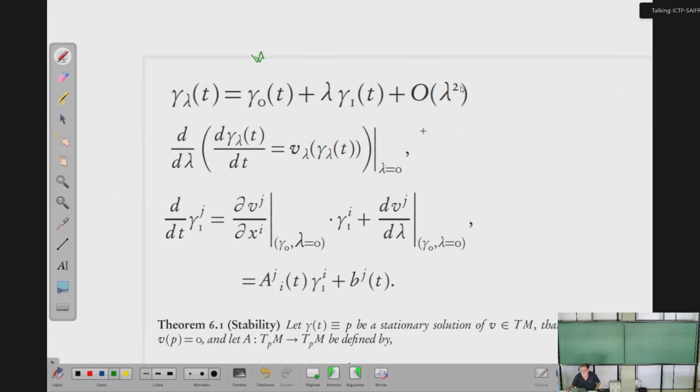Gamma naught of t equal to some constant, gamma 0, say. So that's easy. So we can perturb a stationary solution with something and see the stability, trying to check the stability.